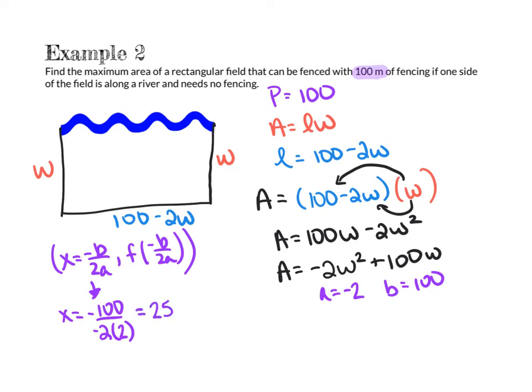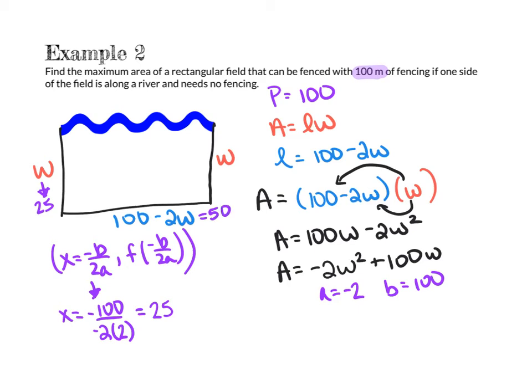In this case, my x is my W, my width. So this width here is 25, and if that's 25, then this side is also 25. To find the length, I plug it in: 100 minus 2 times W, which should be equal to 50, because 2 times 25 is 50.